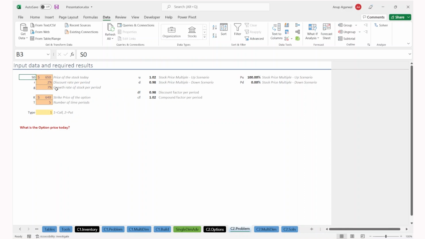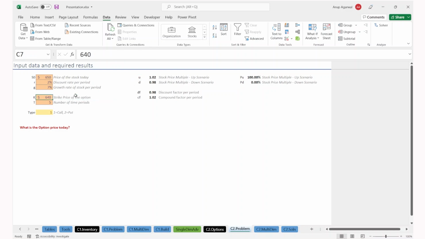So I will start with a problem where these are the main inputs, these orange cells: a certain stock price, a certain risk-free rate or discount rate. For this demonstration, I'll just be using some non-technical words to define this. Otherwise, there are more technical words for these probabilities and discounting and compounding factors.